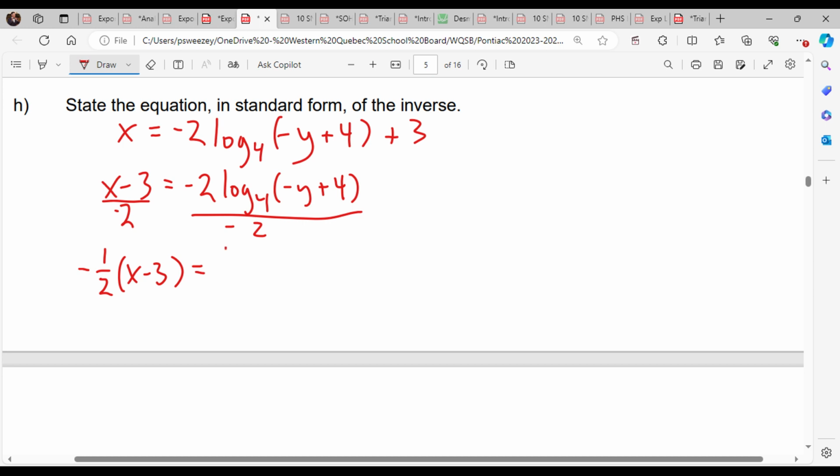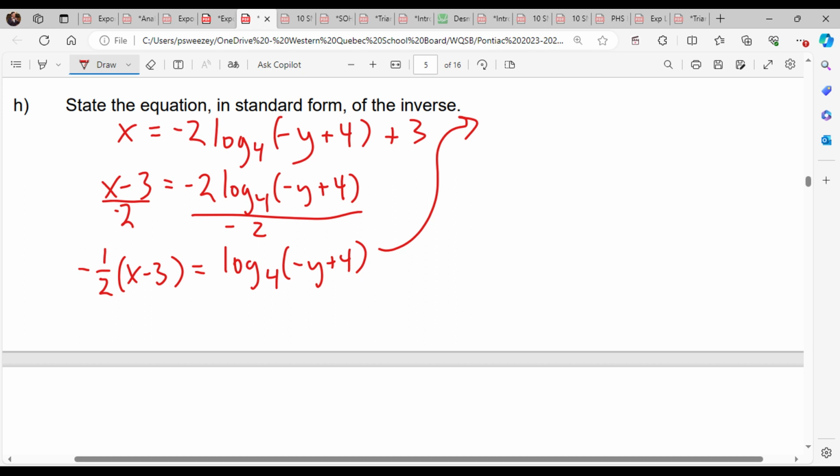Is equal to log 4 of negative y plus 4. At this stage of the game, if we were solving for x, you would now have an output on the other side. You would have knowledge of your base, and the power on the other side, and then you would have knowledge of what the output would be if we converted this guy to exponential form.